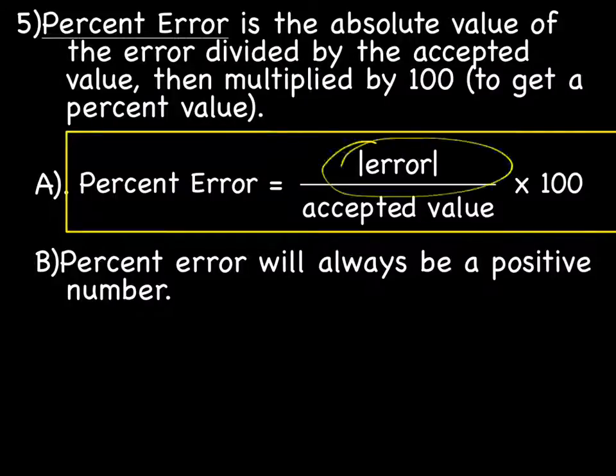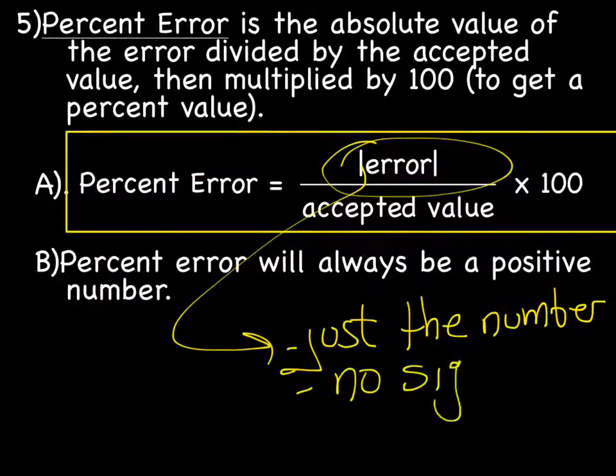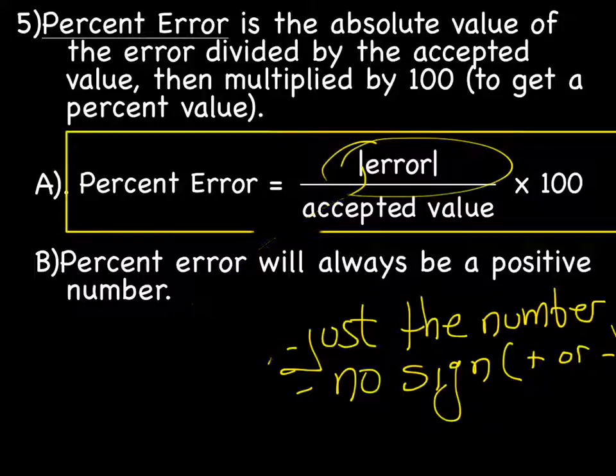And again, absolute value means just the number, no sign, meaning no positive or negative sign. Okay? Percent error will always be a positive number.